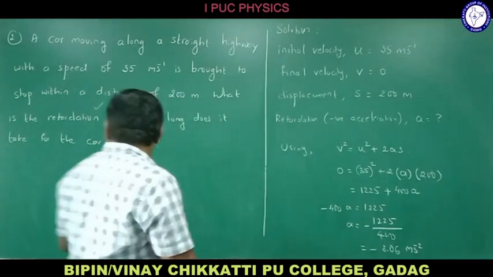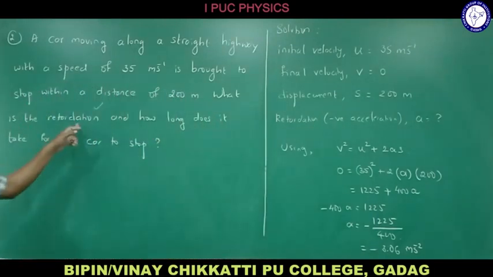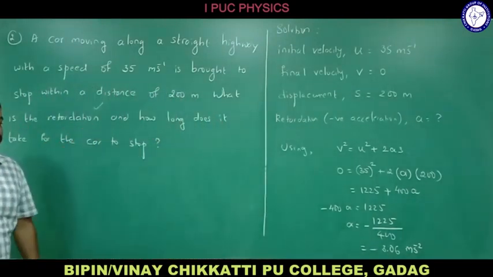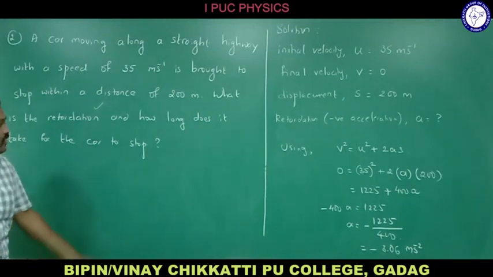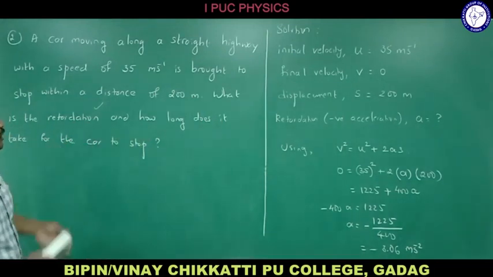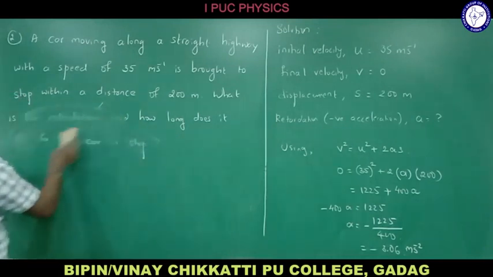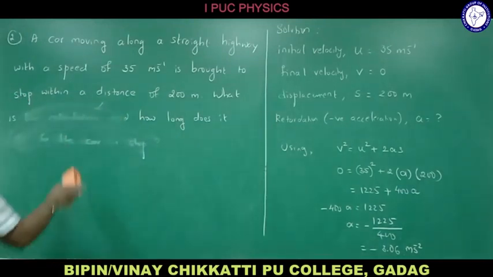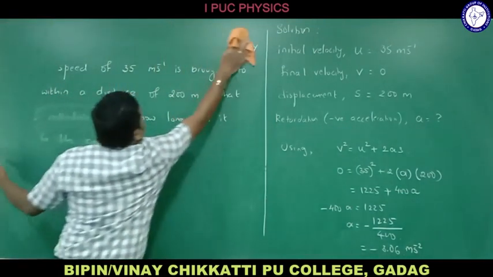Now let us move on to the second one. First, we already calculated retardation. It comes to be minus 3.06 meter per second square. Next, we need to calculate how long it takes the car to stop, means the time taken to stop the car. Let us calculate the second part now.